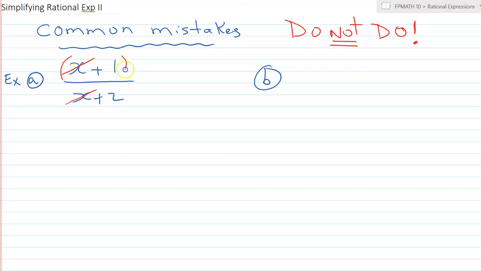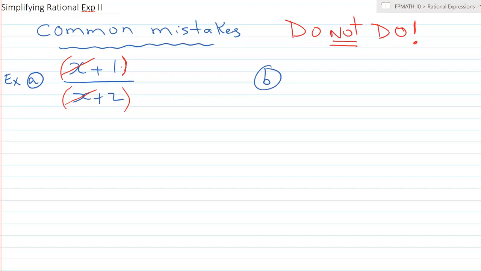This x plus 1 is actually one entity. x plus 1 is a binomial on top that does not have x as a factor. The only way you can divide is if you have common factors. In this case, x and x are not common factors.